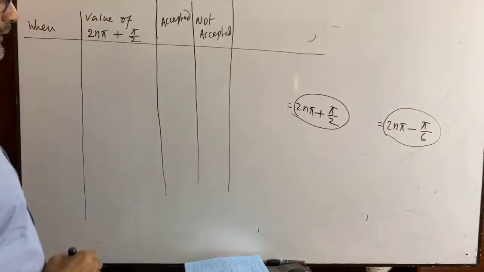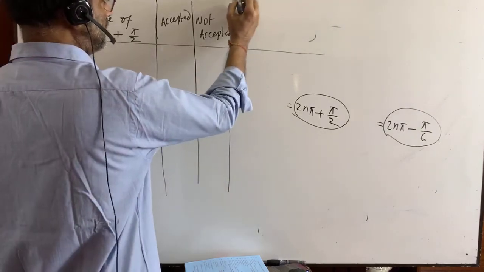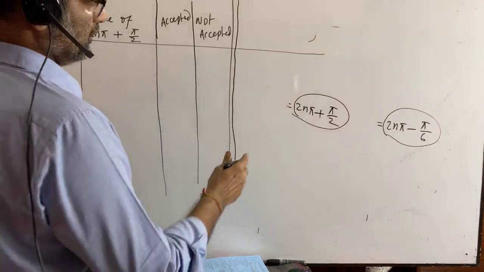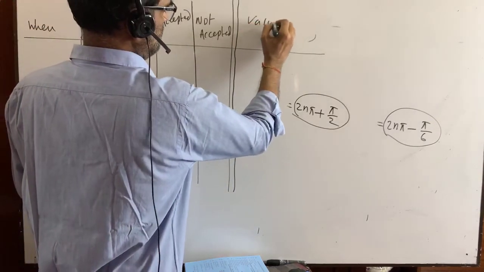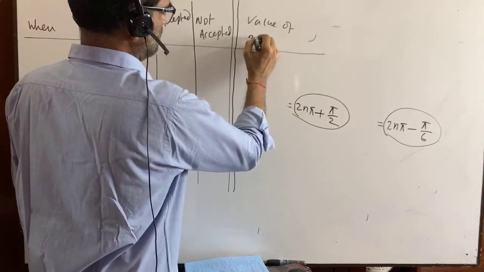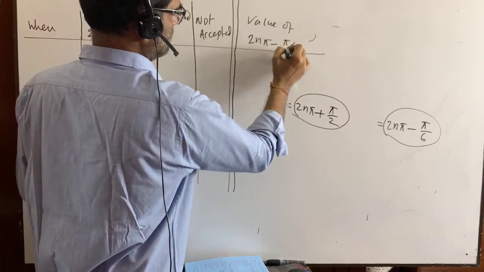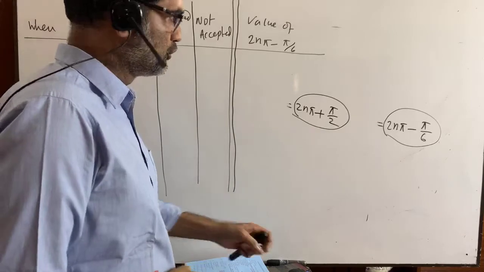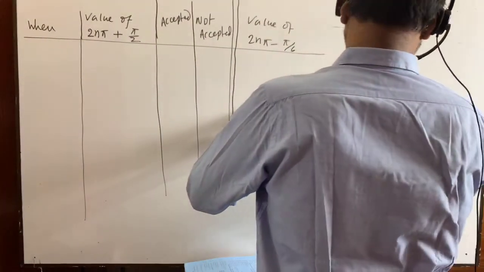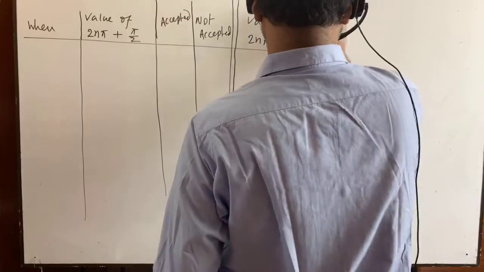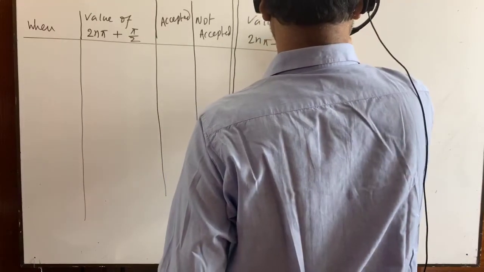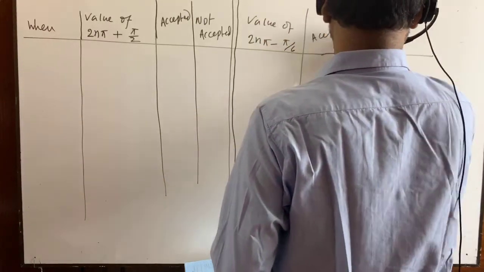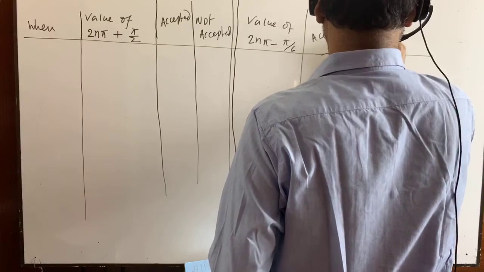Here you give a double vertical line. Now write down the value of this part, 2n pi minus pi by 6. Your range was minus 2 pi to 2 pi. Now write down whether it is accepted or not accepted.